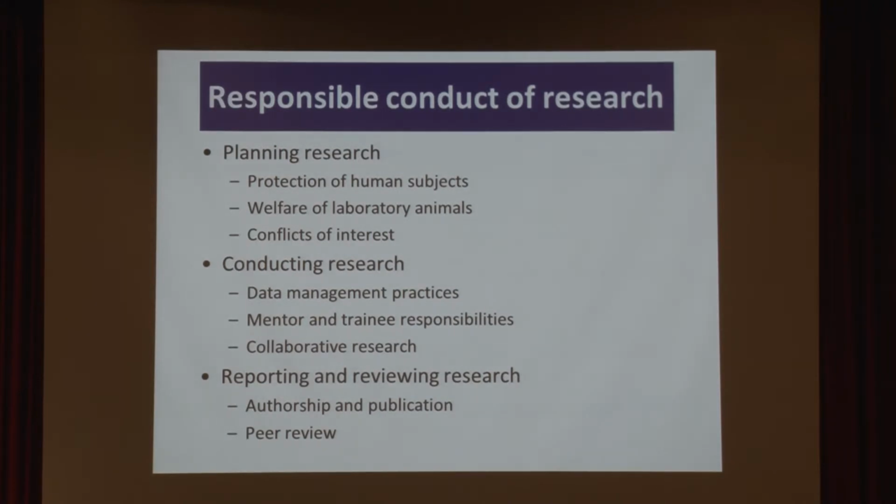Also, this is about mentor and trainee responsibilities. Many professions, for example the American Psychological Association, which is the largest body in social sciences that determines how you cite your references, like Harvard style and so on, at some point said that if you're publishing from a PhD thesis, the student has to be the sole author of the publication.